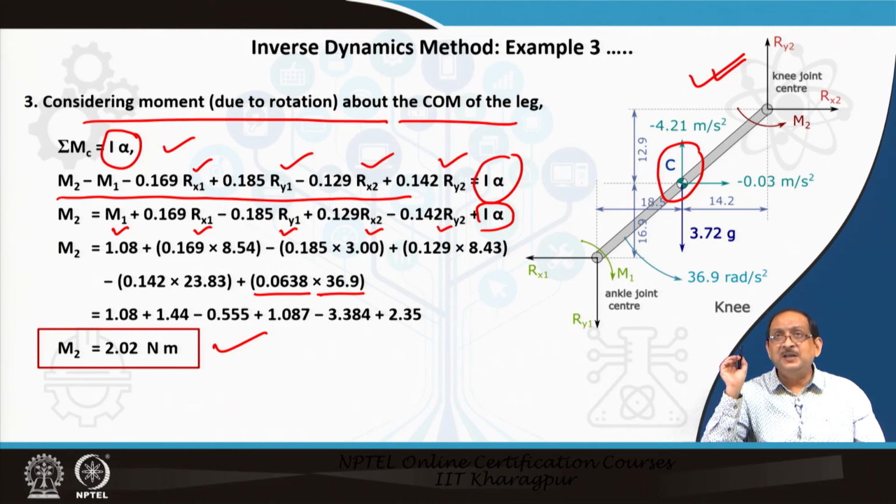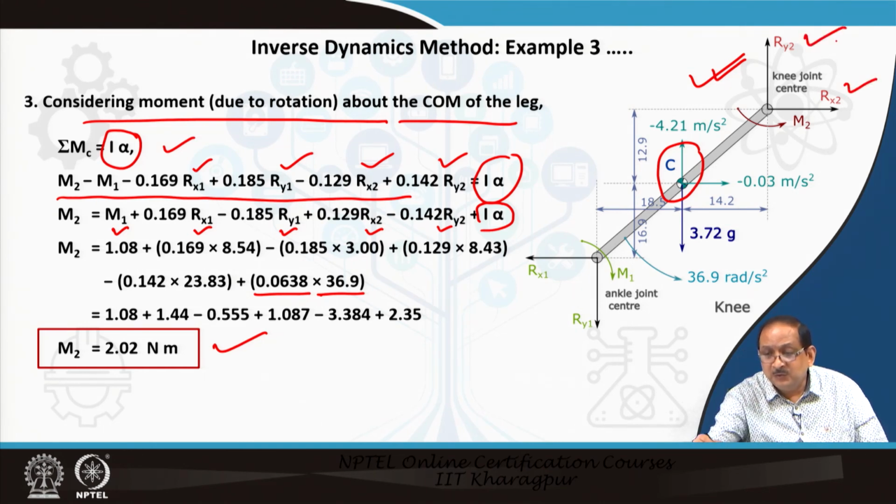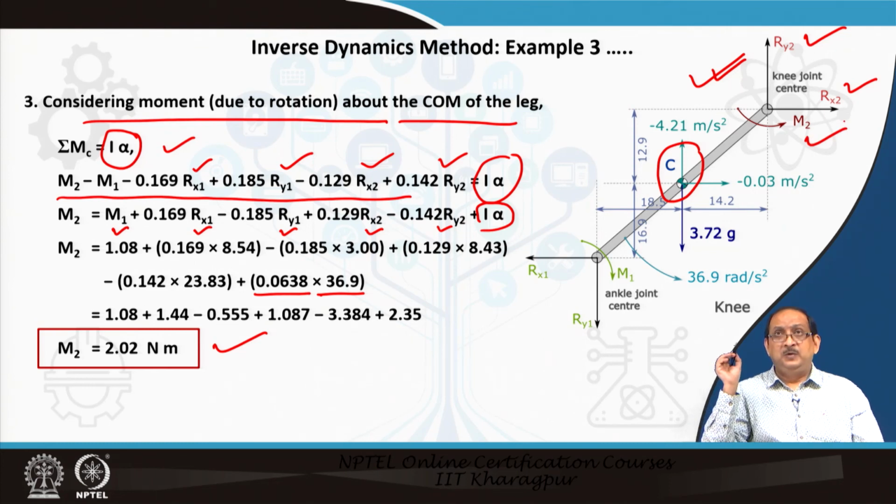So, we have finally found out the Rx2, Ry2 and M2 at the knee joint center, the proximal end of the lower limb segment, considering the magnitude of Rx1, Ry1 and M1 at the distal end, that is the ankle joint center.